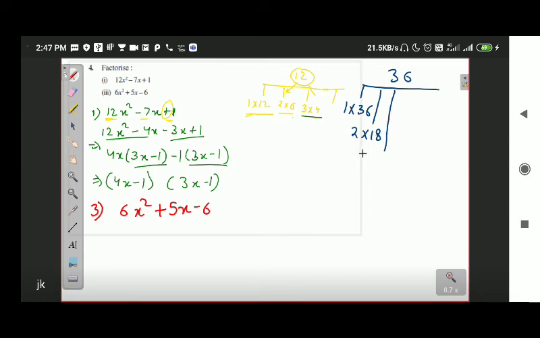Another one will be 4 into 9. 9 fours again is 36. Then 3 into 12 is 36. Then what more? 6 into 6 will be 36. Okay, all the possible combinations are covered here.